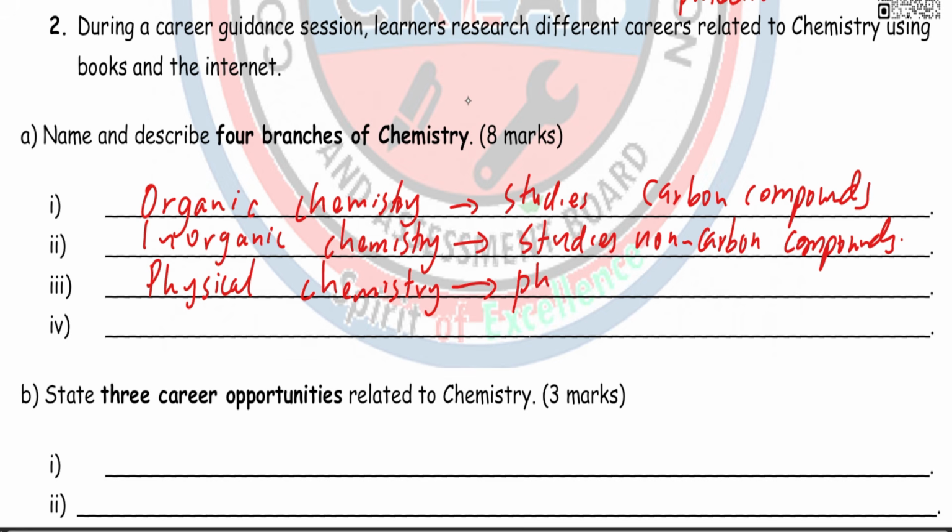Physical chemistry studies physical properties and chemical changes. Okay, how does it smell? What is the nature of that substance? That deals with, that's under physical chemistry. So physical properties and chemical changes.